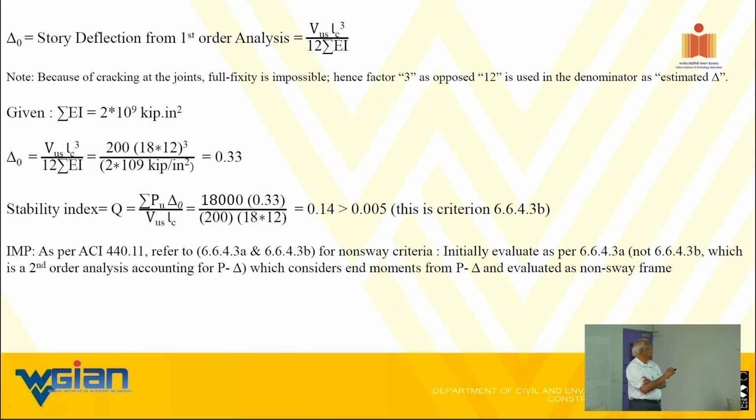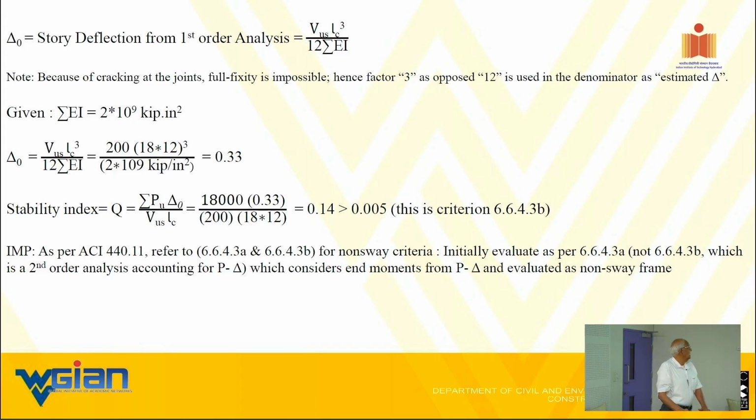So the story deflection, what is a story deflection? That's the drift. It is primarily dependent upon the horizontal loading. So it is something very close to V L cubed over 12 times the sum of the EIs.